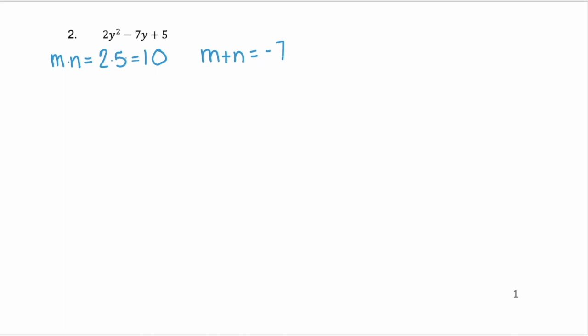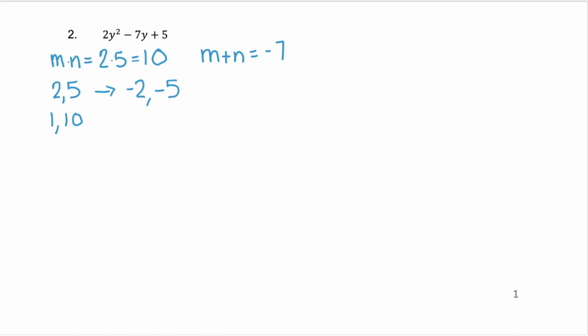Let's look at those factors of 10. Well, we have 2 and 5 and 1 and 10. 2 and 5 add to 7, but they don't add to -7. But if we make it -2 and -5, 2 negatives multiply to a positive, so -2 times -5 is +10, and negative 2 plus negative 5 adds to negative 7.